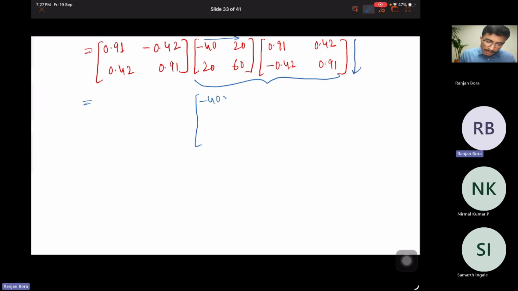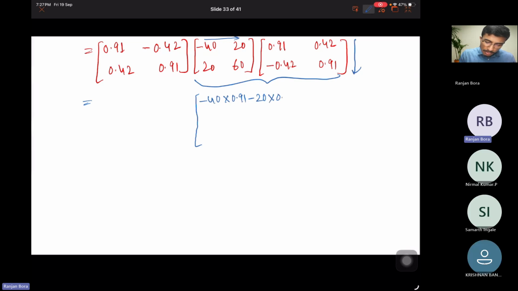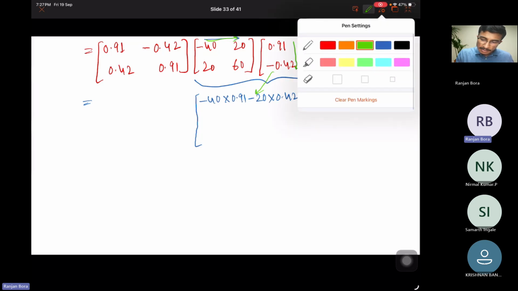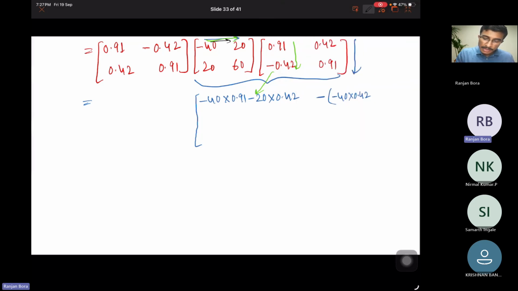The first element will be minus 40 into 0.91 minus 20 into 0.42, and the second element will be minus 40, 0.42. So I am getting the first element by multiplying this first row with this first column. So I got this element. Now for the second element, I will multiply the first row with the second column. Then I will get the second element.